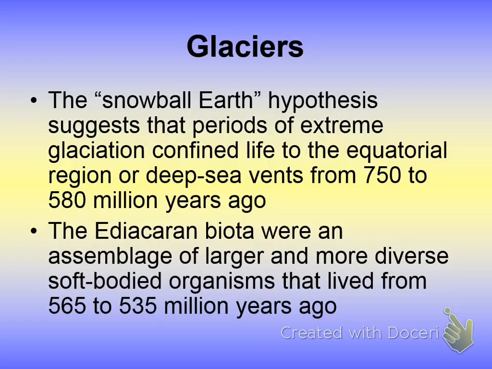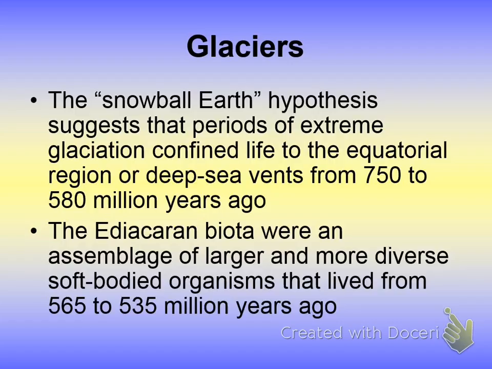Our Earth was very cold, and then all of a sudden it got warm again. So we had this process taking place. We got the soft-body organisms that lived about 365 million years ago. And they started getting more and more diversified at that point. So that's a long time ago yet. This is still before the dinosaurs came about.